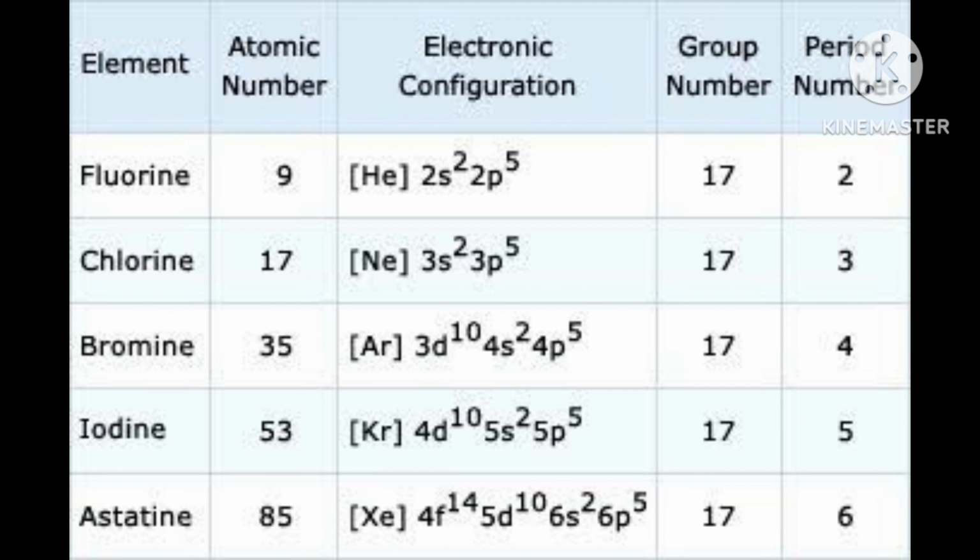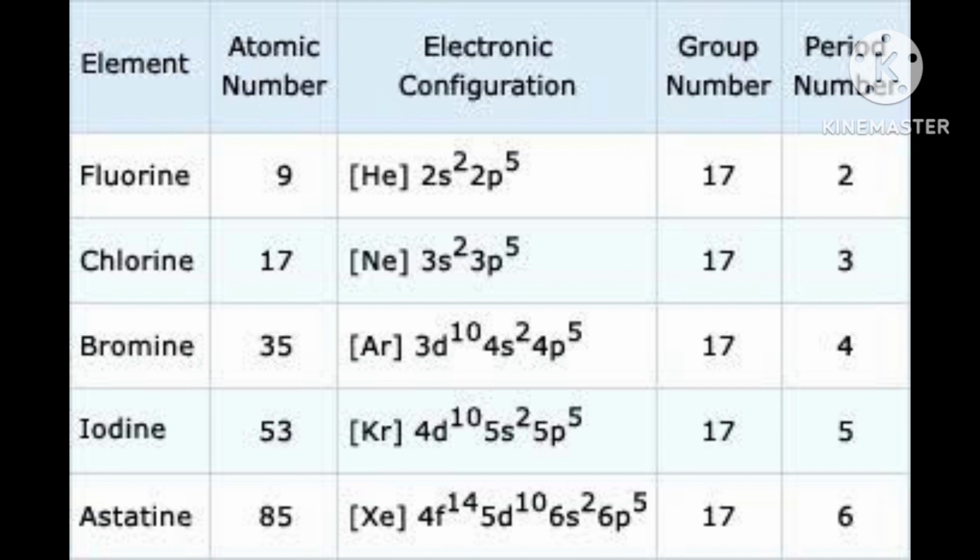158.8 kilojoule per mole. Chlorine, 242.6 kilojoule per mole. Bromine, 192.8 kilojoule per mole. And iodine, 151.1 kilojoule per mole. Means it is decreasing. This is the bond dissociation enthalpy for fluorine, means F-F bond.